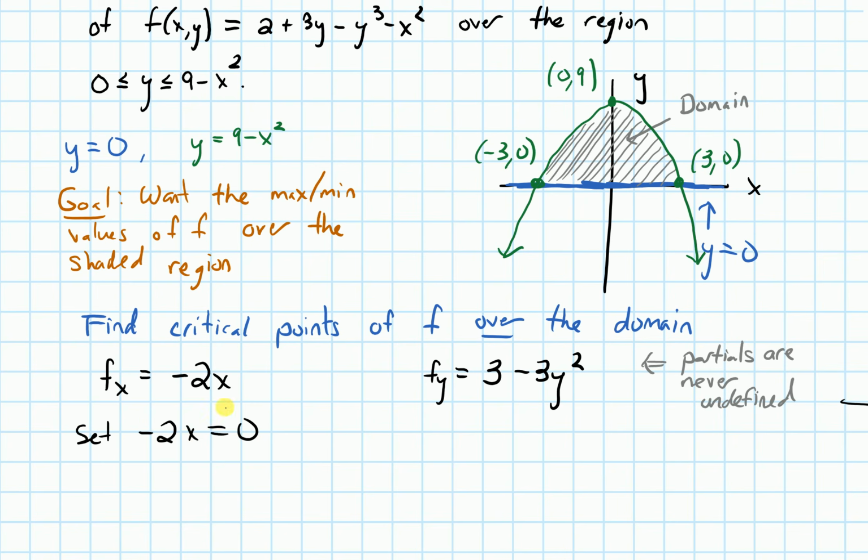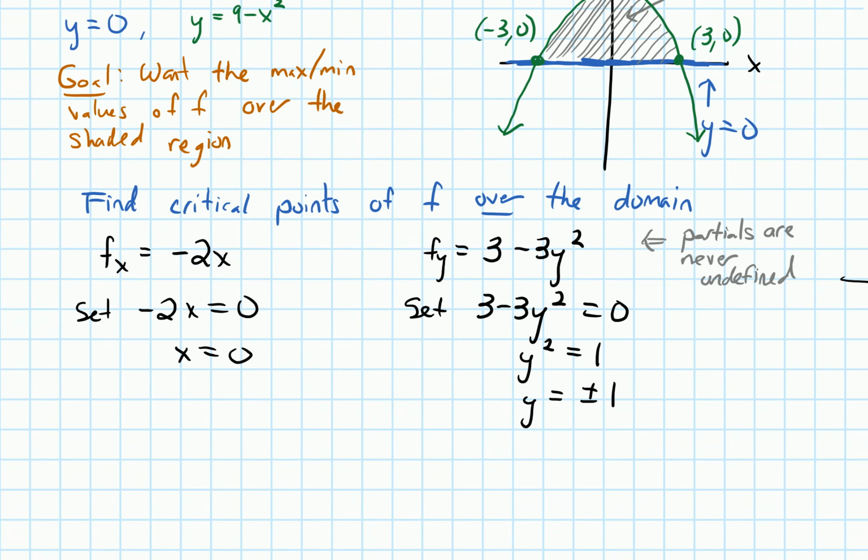And if I divide by negative 2, we get x equals 0. So let's do the same with the y partial derivative. Let's set 3 minus 3y squared equal to 0. And if we rearrange this, we get that y squared equals 1. And square rooting both sides, we get y equals plus or minus 1.